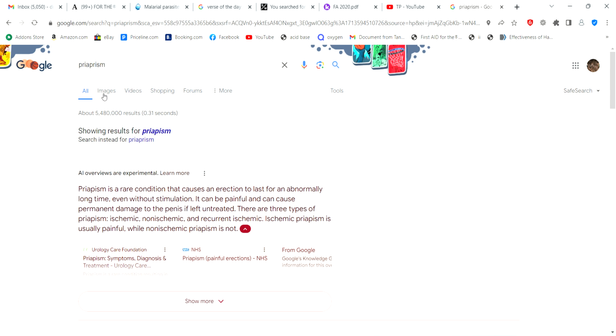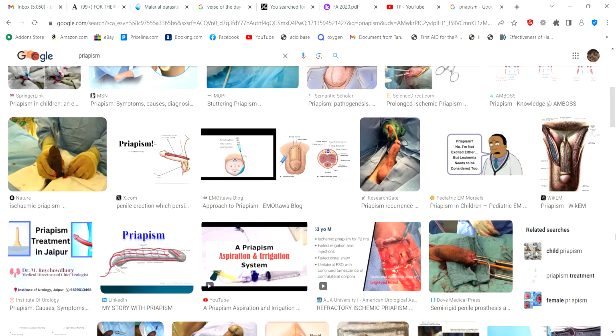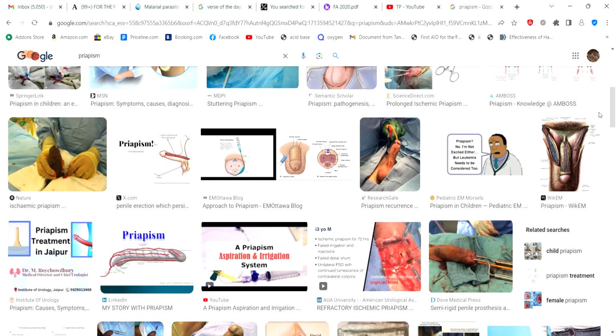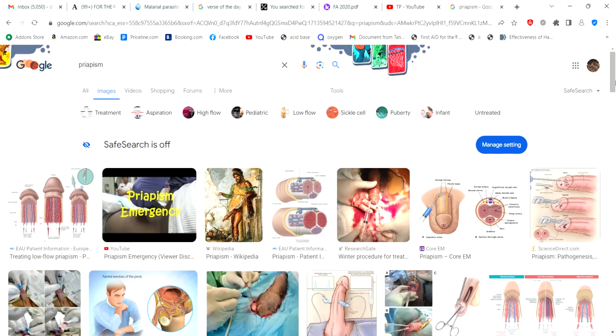Priapism is a rare condition that causes an erection to last for an abnormally long time. The corpus cavernosum fills with blood. Oh my gosh, that looks so bad. That's the surgical management of priapism. That looks absolutely terrifying.